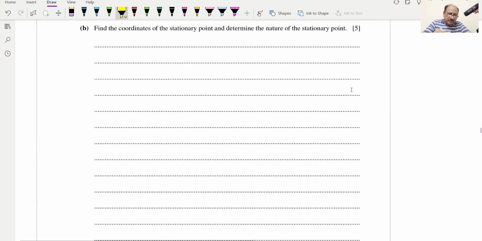B part says find the coordinates of the stationary point and determine the nature of the stationary point, and this is a 5-mark question. So for the stationary points we are putting dy by dx is equal to 0, and dy by dx we just found, which is 2 minus 2 over 2x plus 1 squared, and we can put equal to 0, so we can shift to other side.